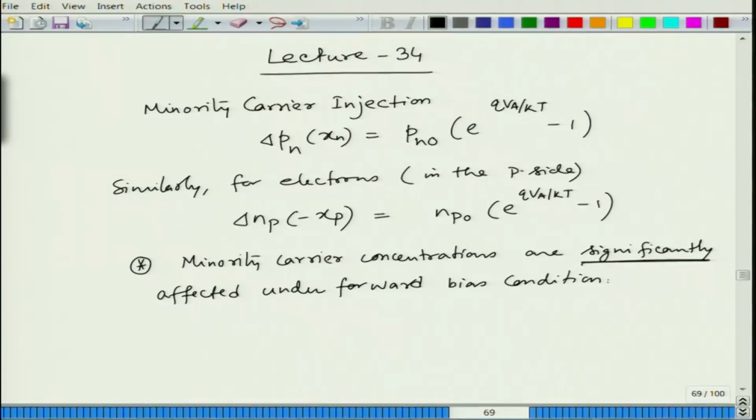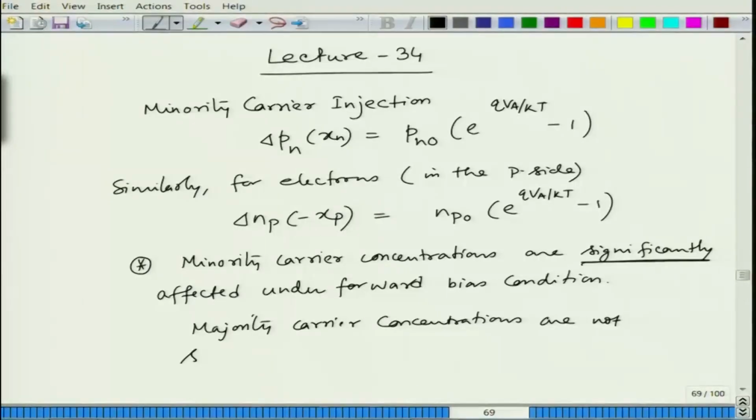But the majority carriers are also affected, and amount wise they are equally affected, because it has to be mass balanced. The total number of holes or electrons is not changing; there is no generation, no recombination so far.